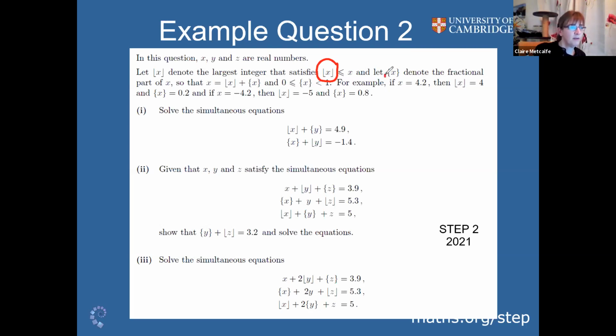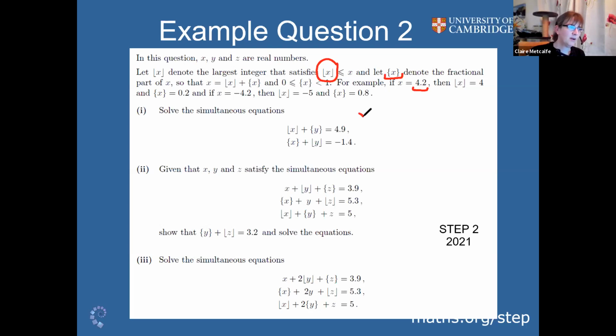This thing is probably new to you, or probably new to the students when they sit the exam. So that's the fractional parts. There's a few examples. We know that x is equal to an integer part plus a fractional part. It's got an example when x equals 4.2, then the floor part, the integer part is 4, and the fractional part is 0.2. And it's also got an example when that's negative.